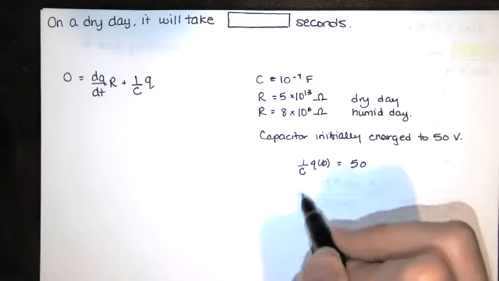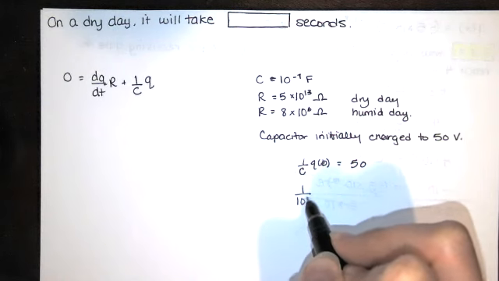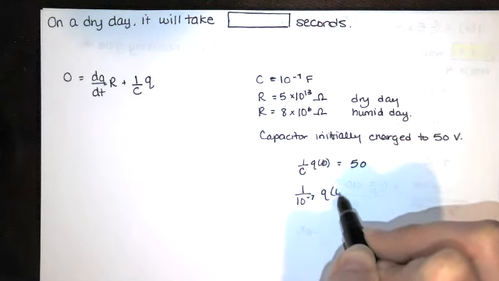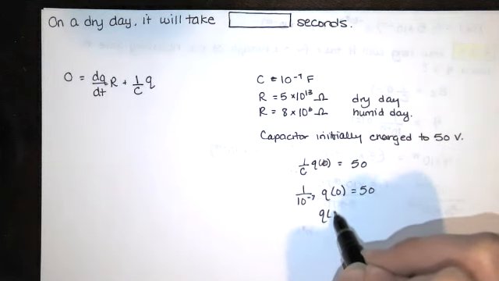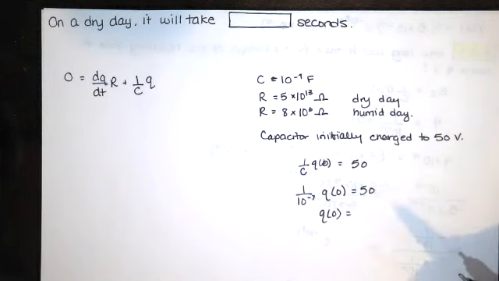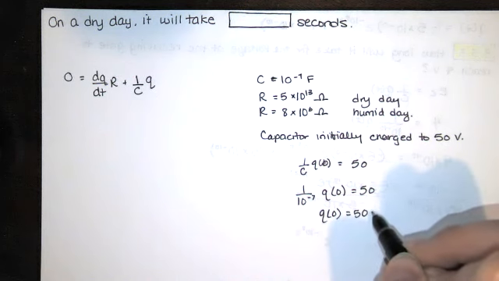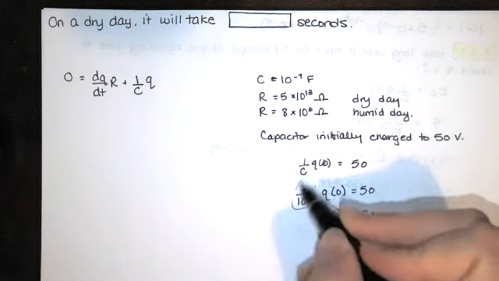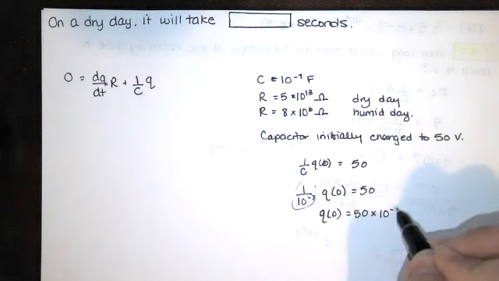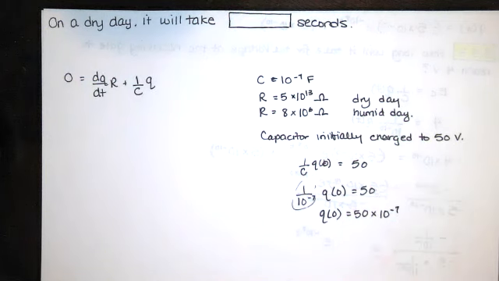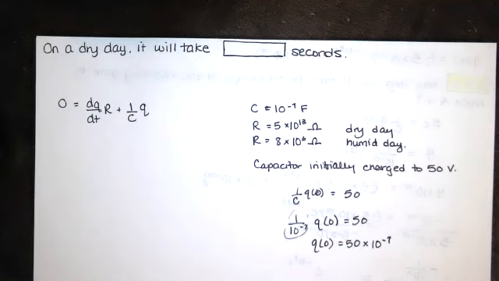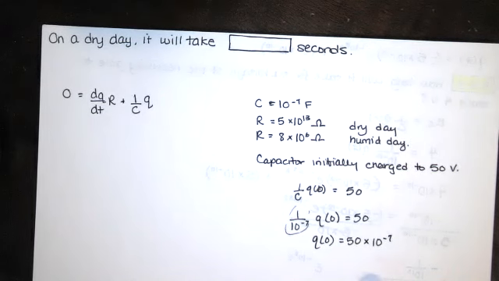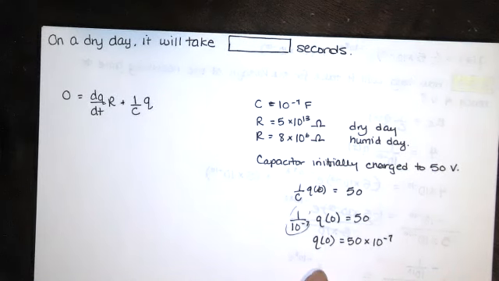So if the capacitance is 10 to the negative 7 farads, then the charge at time t equals 0 on the capacitor is 50 times, multiplying both sides by the reciprocal of that, 10 to the negative 7 farads. And when we multiply those together, that's going to give us the charge at time t equals 0.